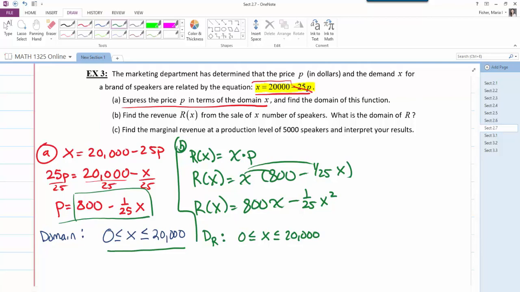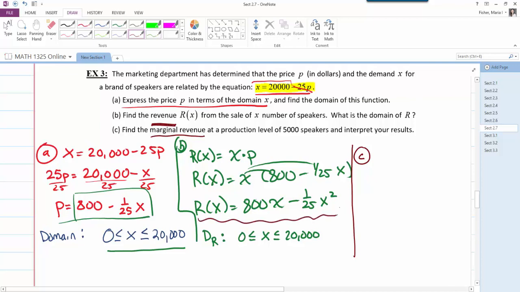Part C says find the marginal revenue at a production level of 5,000 speakers and interpret your results. Marginal says derivative, so I need to find the derivative of this function.